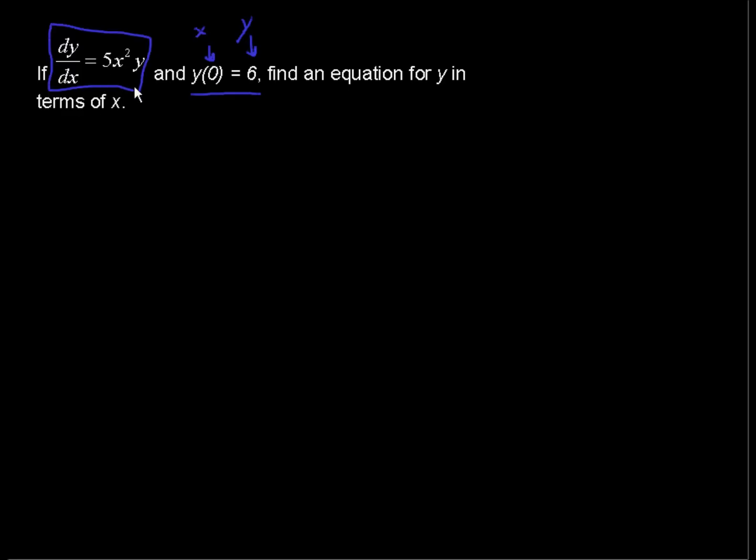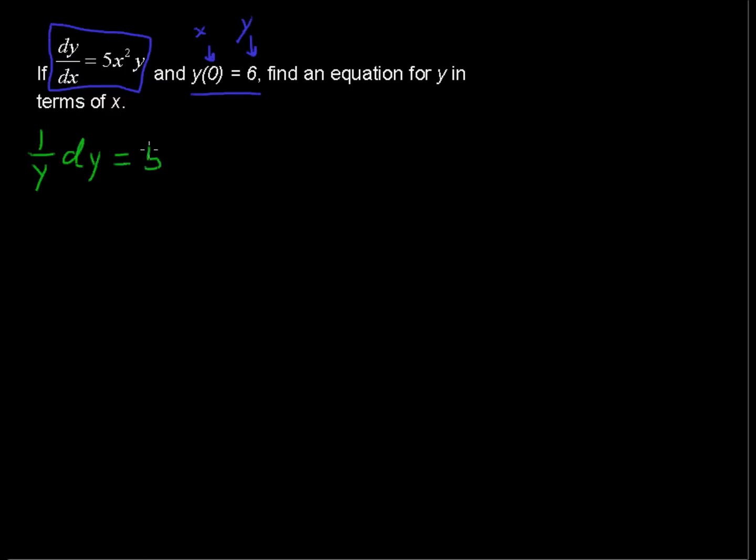So what I'm going to do is divide each side by y. That'll get rid of y on this side, and I'll have 1 over y on the left-hand side. So let's write that. 1 over y times dy equals, now I should still have over dx, but I'm going to multiply each side by dx. So that will get rid of this dx.